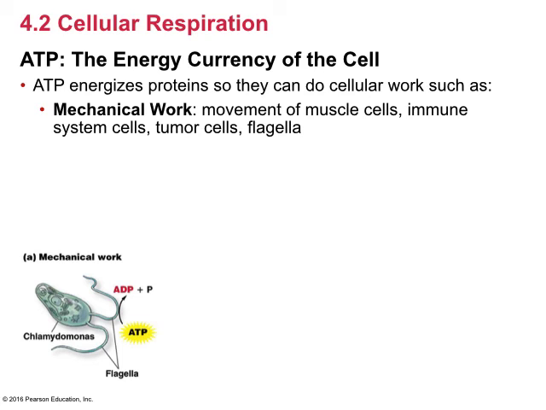Whenever a tumor spreads, it's actually using ATP to move. And the flagella of bacteria and other single-celled organisms, like in this figure here, Chlamydomonas, those flagella are like little propellers and they require ATP.